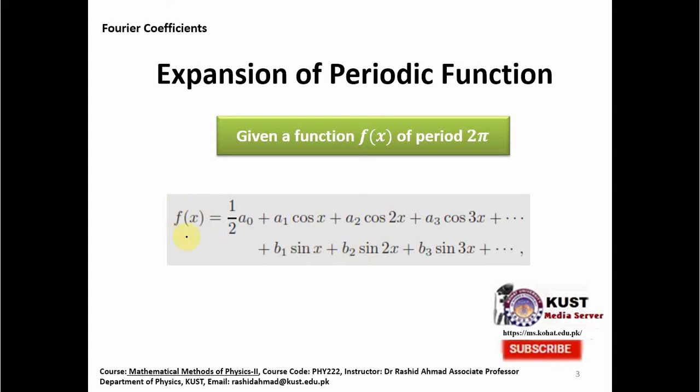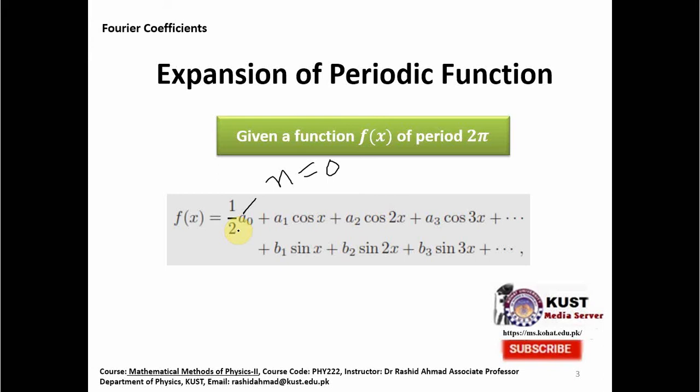On the left hand side we have this general function expanded, and this is equal to the first term, which is 1 over 2 a naught, where n is equal to 0. So this first term corresponds to the n equal to 0 case, and this 1 over 2 cofactor is actually a convenient choice.